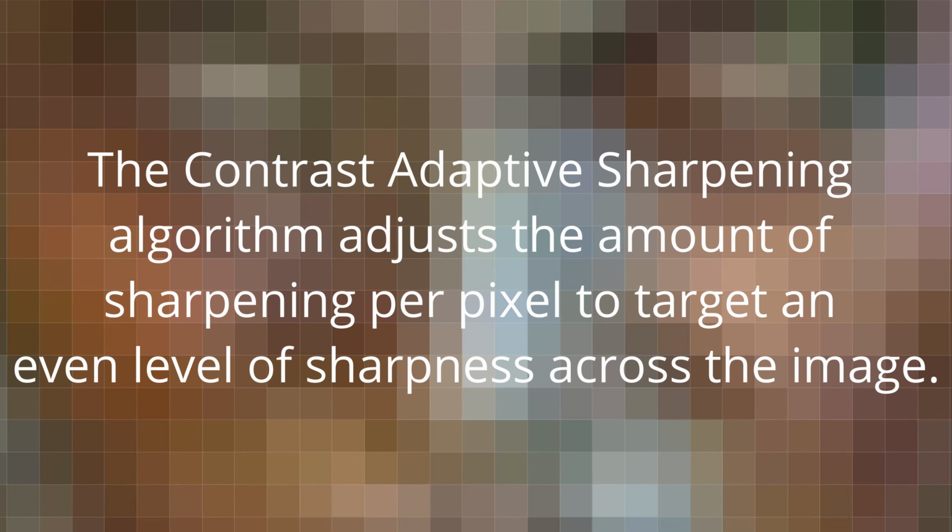So that's where the second part, CAS, or Contrast Adaptive Sharpening, comes in. Now the image is sharpened to bring back some of the detail lost in the upscaling, like this. Now you see that the contrast, or the degree of difference in color from one pixel to the next, has been increased.